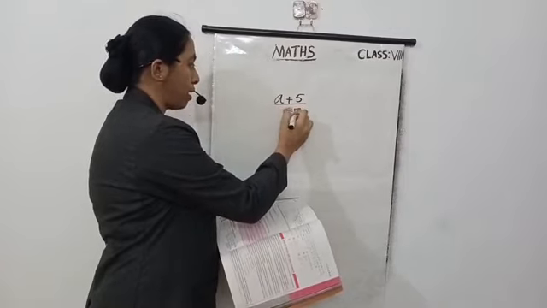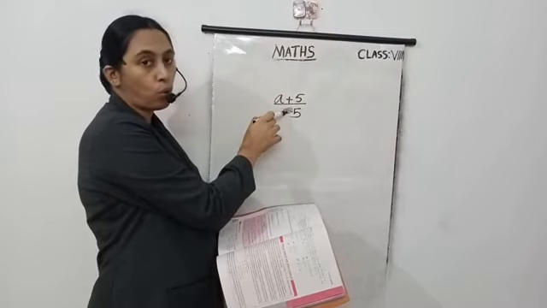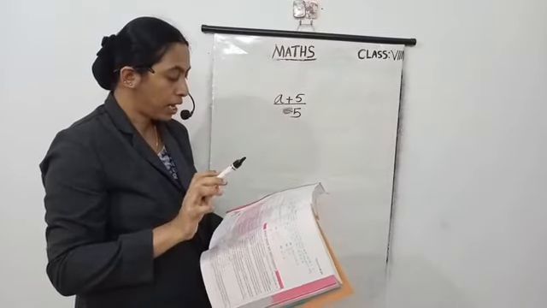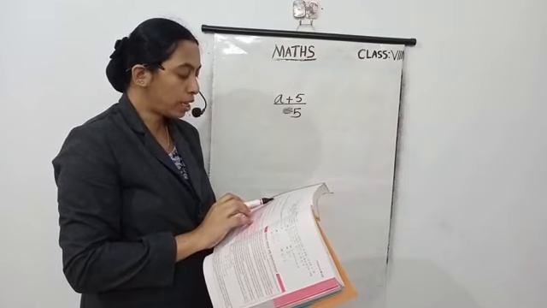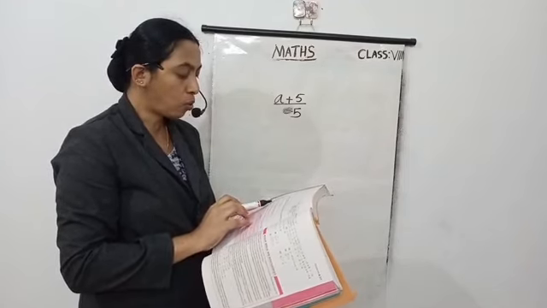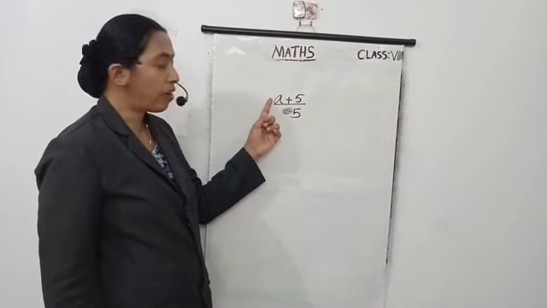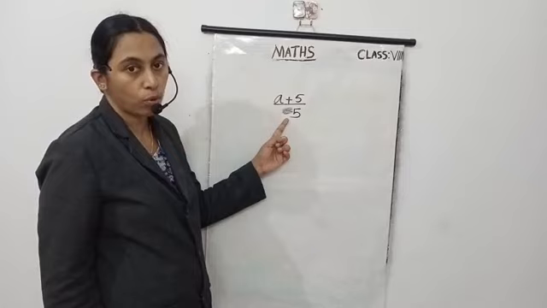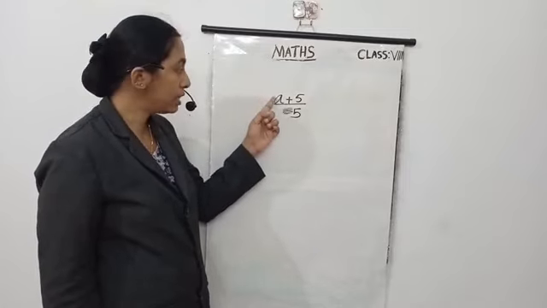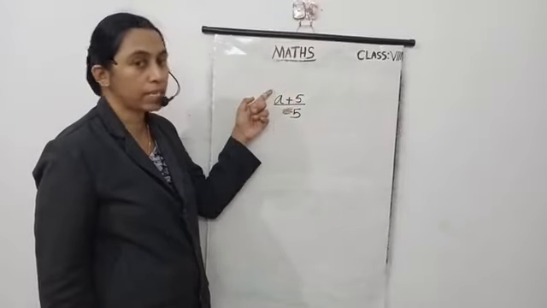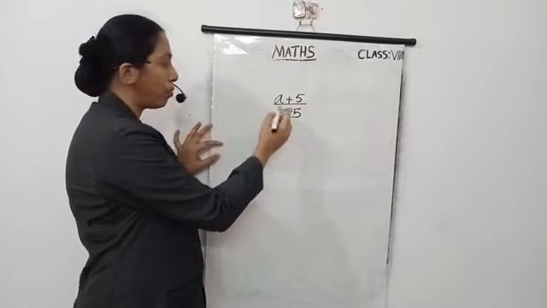So this is a polynomial and this is a monomial, only one term. We divide each term of the polynomial in the numerator by the monomial in the denominator. So the procedure is to divide each term of the numerator by the denominator. That is the split form.